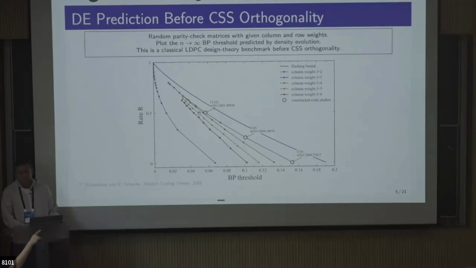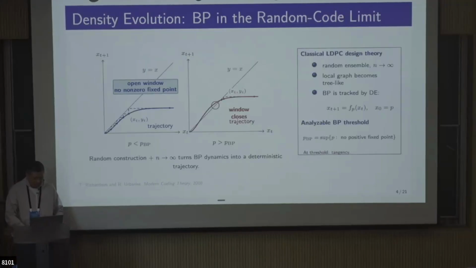Question. The column weight J equals 2 is much the worst. So the behavior doesn't seem monotonic. Yes, I can explain it with the density evolution trajectory. When the column weight equals 2, the slope at the 0 point has a positive gradient.